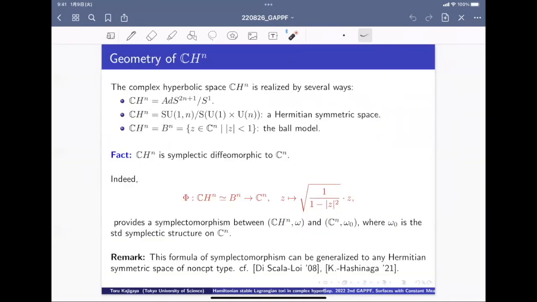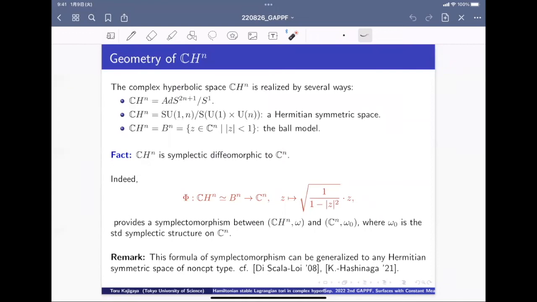However, in this talk, I will use another realization of CH^n. It may be a well-known fact that CH^n is simply diffeomorphic to C^n, and this means that the simple geometry of CH^n is completely the same as C^n.